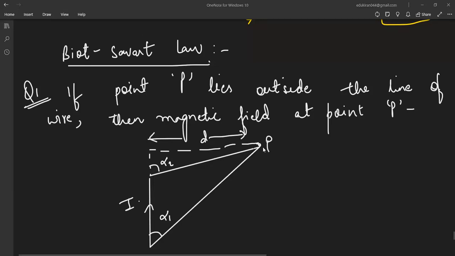Now, Fadil, just calculate, use Biot-Savart's law. In one line you will get your answer. Just first try it.